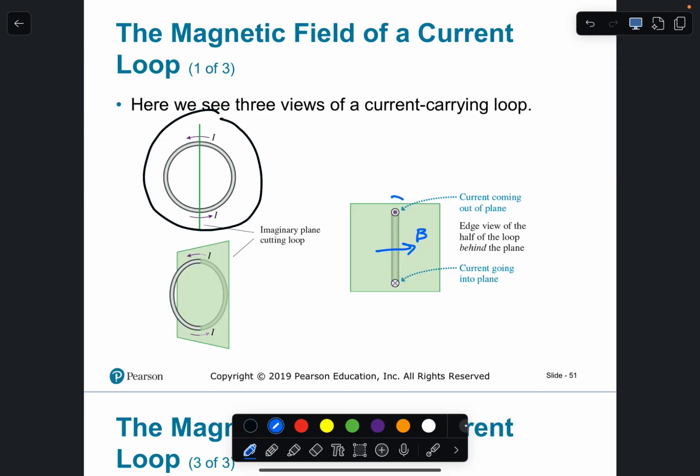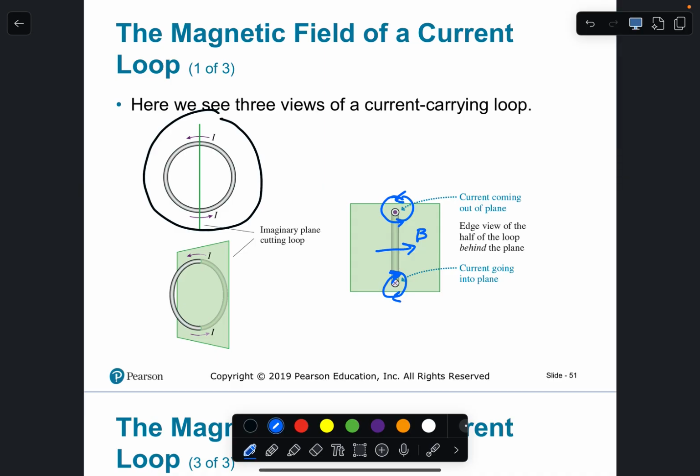Wait, hold on. Yes, okay, just making sure. So you're right. Here we go. There's our little counterclockwise circle. Here is our clockwise circle. On the inside, you can see both of those arrows are pointing to the right.